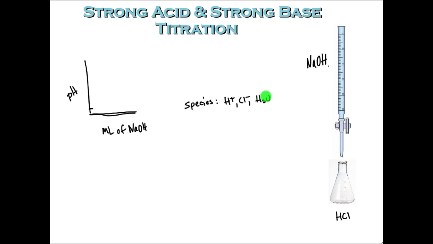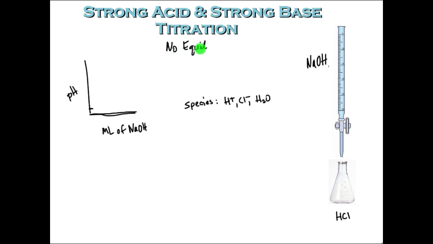So this is nothing more than a strong acid problem. All I would do is take the concentration of the hydrogen ion, take the negative log of that, and I would get my pH. The nice thing about these types of titrations is that there is no equilibrium, because we're going to have all strong acid, strong base stuff, so therefore no equilibrium is going to be found.